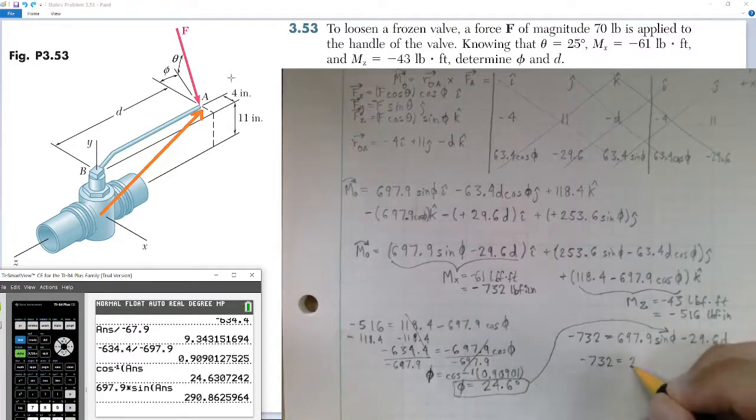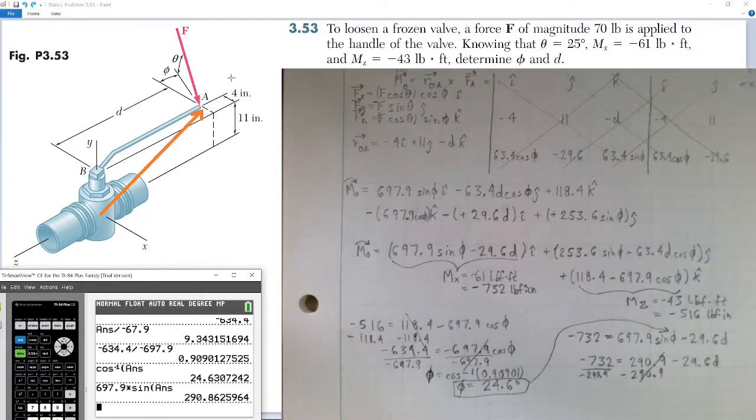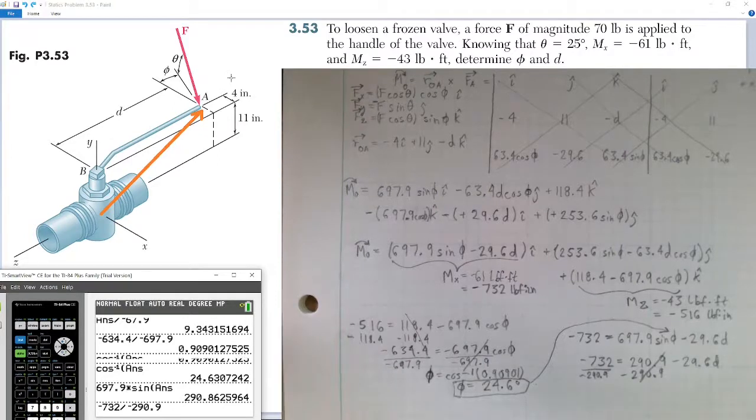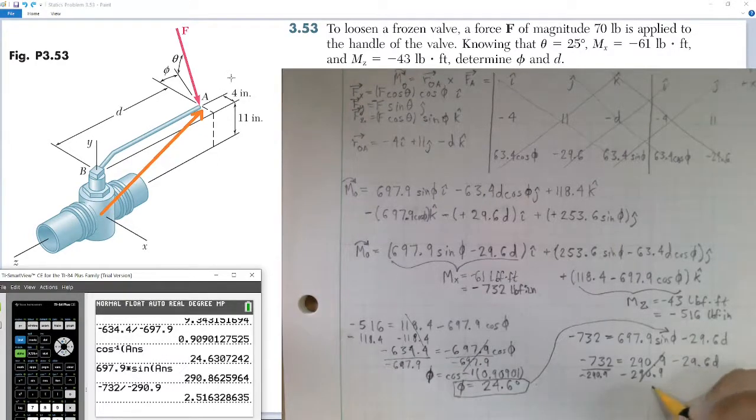So that's equal to 290.9 minus 29.6d. So we're going to subtract 290.9 from both sides, which cancels here.